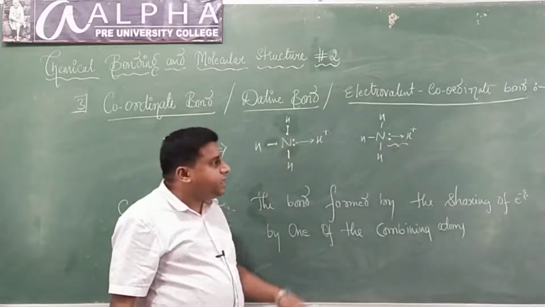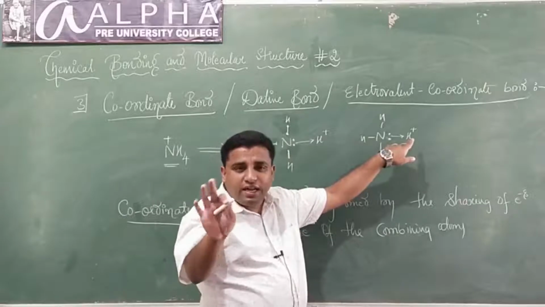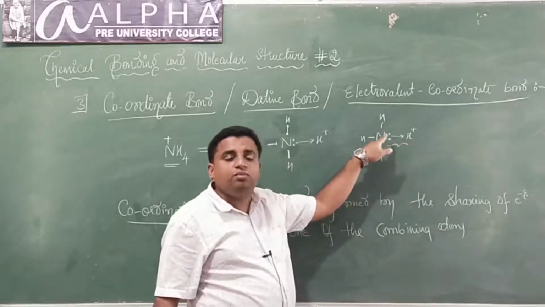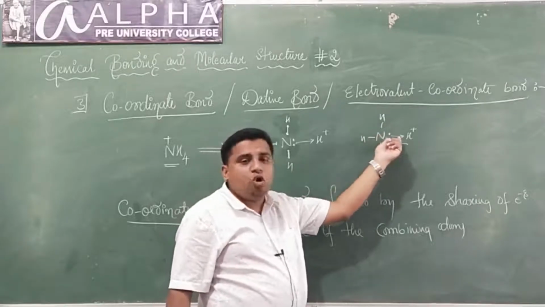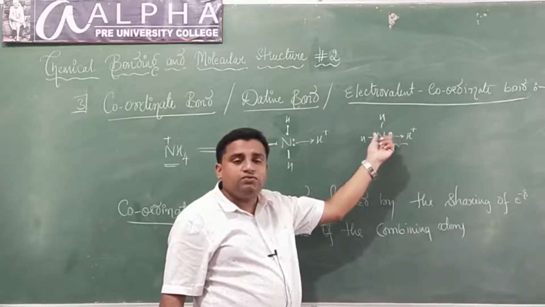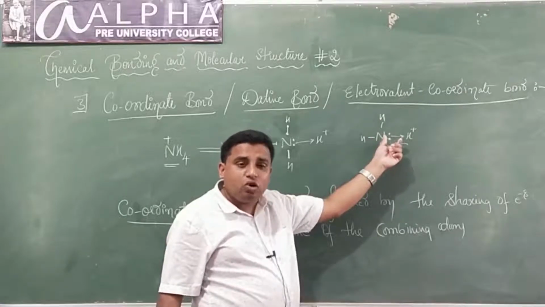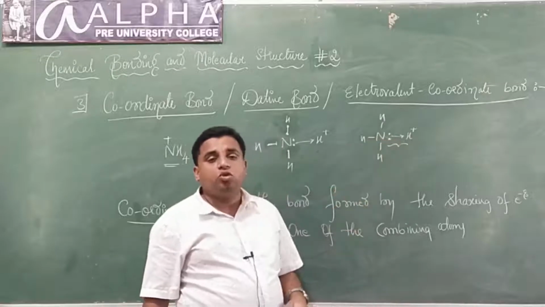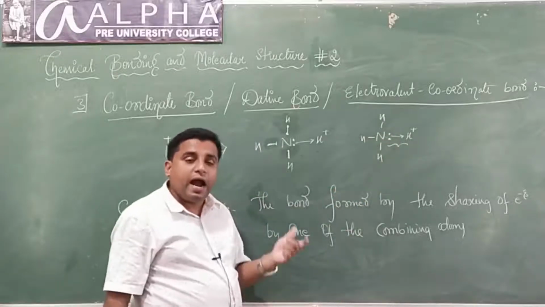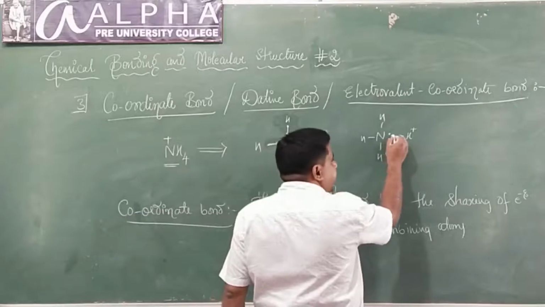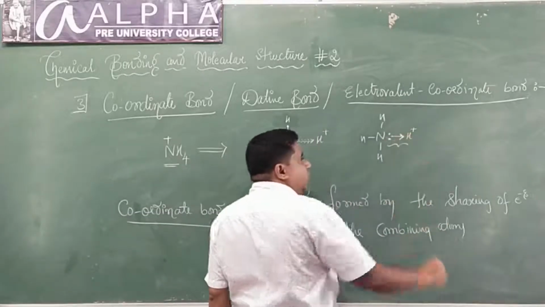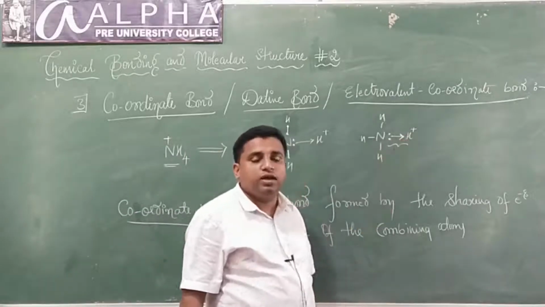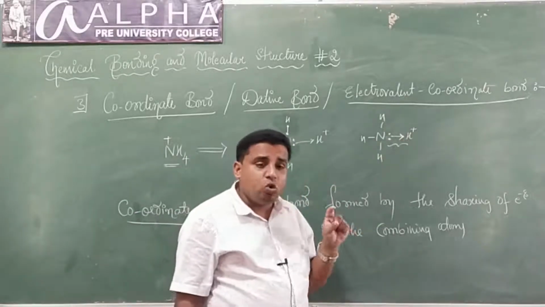Coordinate bond. Here the hydrogen is not sharing any electron, only nitrogen is sharing both electrons. So this bond is formed by sharing of electrons completely by nitrogen, not by hydrogen. Such a bond is called a coordinate bond, and it is usually indicated by an arrow mark.